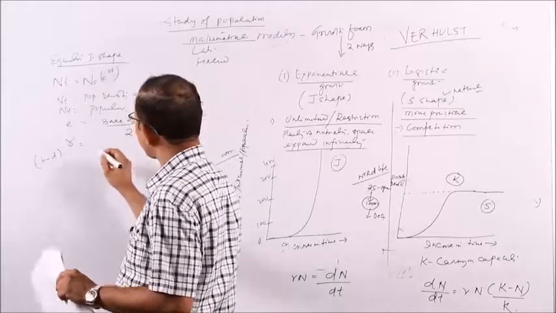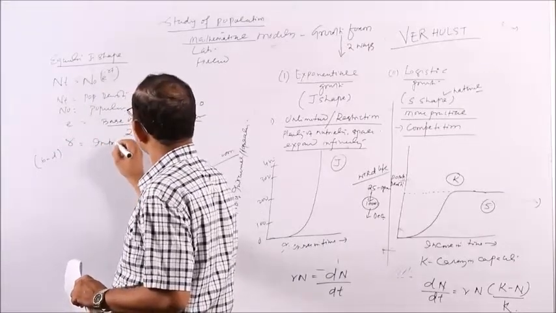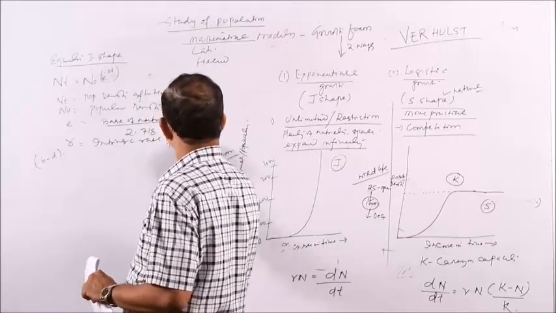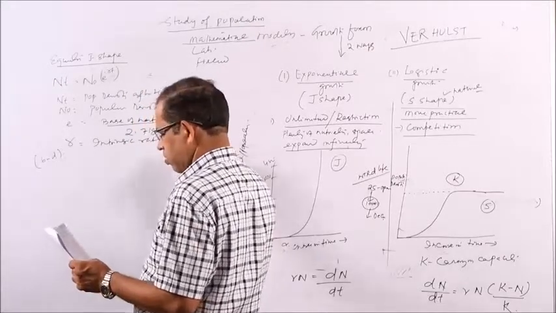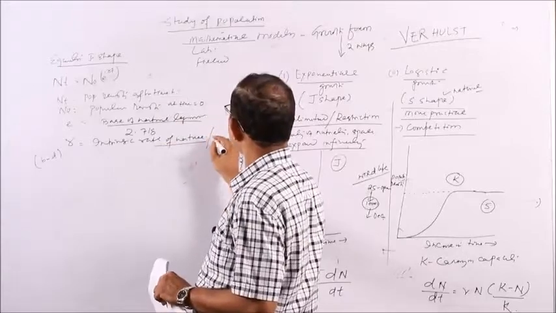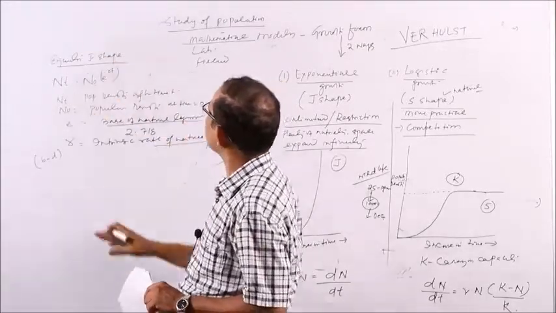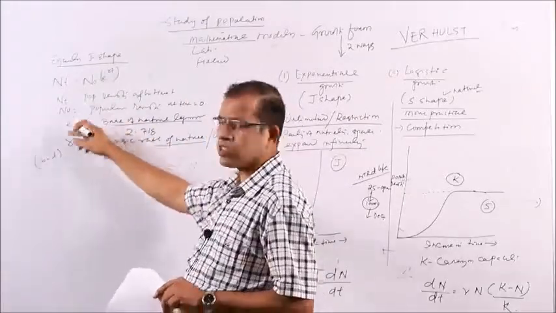So r is the intrinsic rate of natural increase, and sometimes it is also constant.